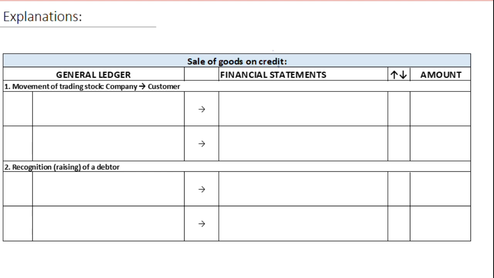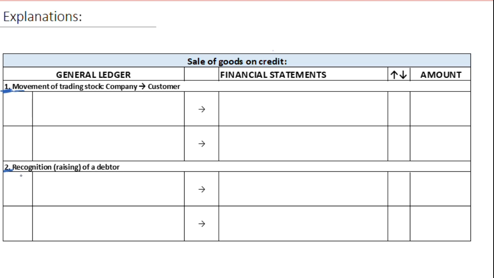So what were these entries which were made by the company when the goods were sold on credit to P. Mahlangu? The company made 2 entries in its records. The first entry was for the movement of the trading stock. The second entry was for the recognition of the debtor or the raising of a debtor.